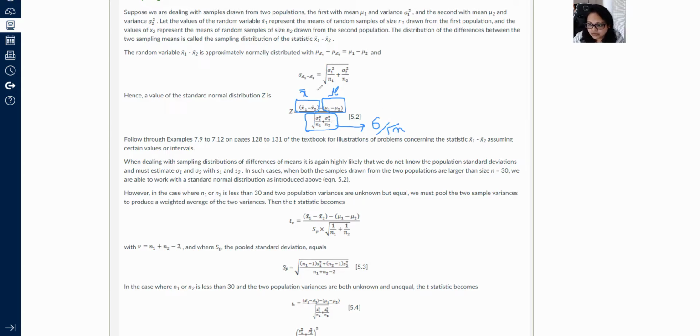This is similar to what we had, we just added more. We have the difference between the two sample means, and the difference between the two population means. And then in the denominator we have the combination of those two populations. So you don't need to remember that. All you need to see is x minus mu divided by sigma. All we have to do is include the two populations and two samples. Okay.